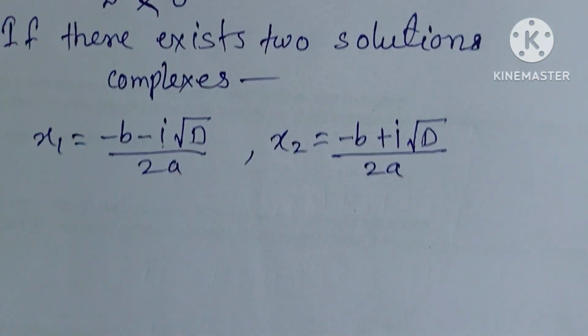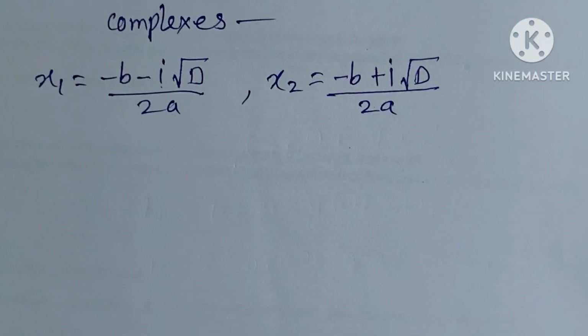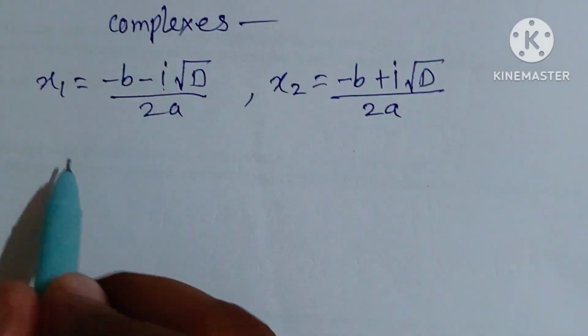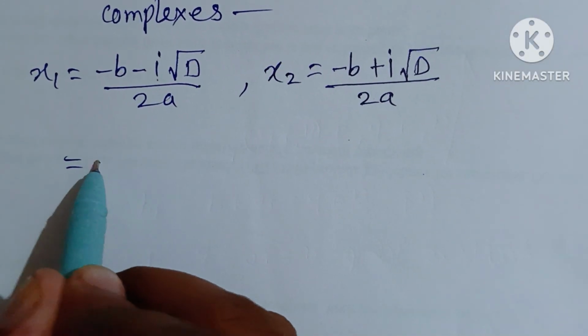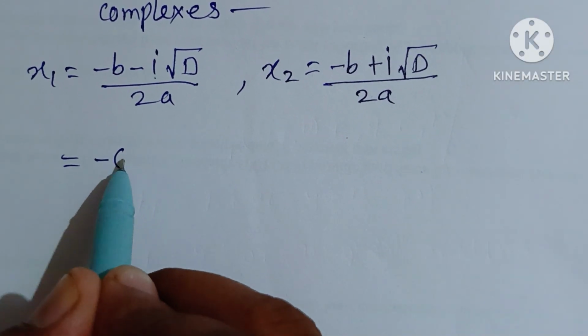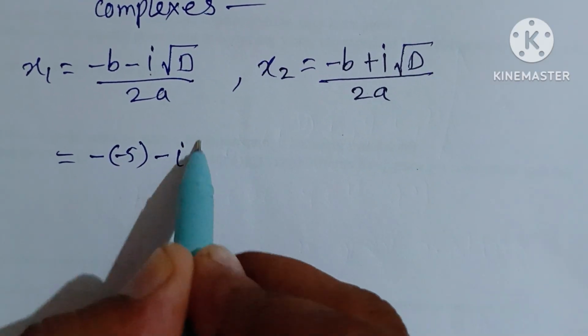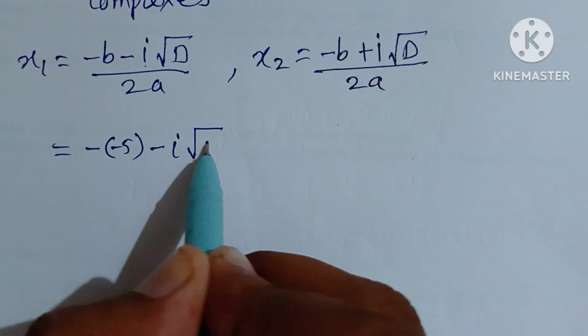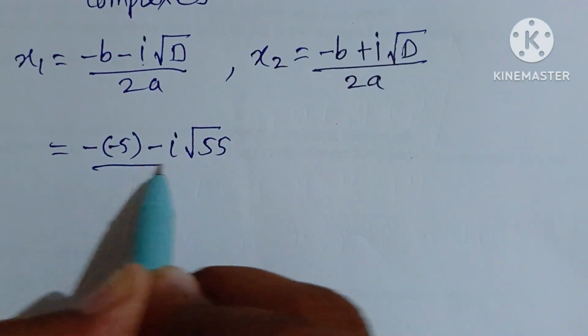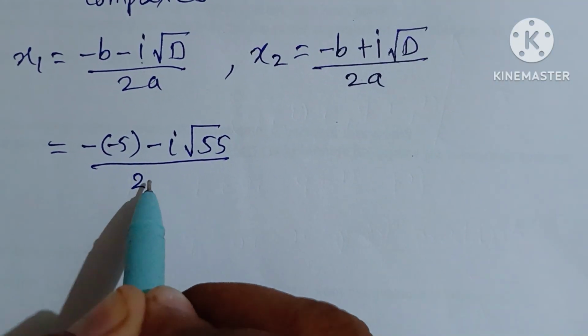Now we have to solve these complex values. Minus the value of b, which is minus 5, minus i root 55, divided by 2a, and a is 1.